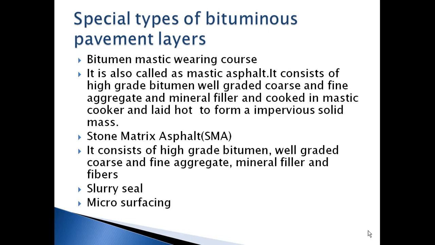They contain high-grade bitumen, well-graded coarse and fine aggregate, and mineral filler cooked in a mastic cooker and laid hot to form an impervious solid mass. Stone matrix asphalt consists of a high-grade bitumen, well-graded coarse and fine aggregate, mineral filler, and fibers. Slurry seal and microsurfacing are a little thin types of bituminous surfacing.